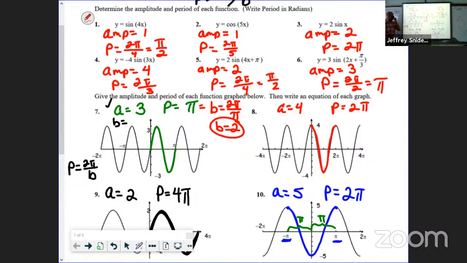Is there any kind of phase shift? No, it's starting at 0. Is there a vertical shift? No, so that means K is 0. So it looks to me like this equation could be written as y equals 3 sine of 2x. Done.